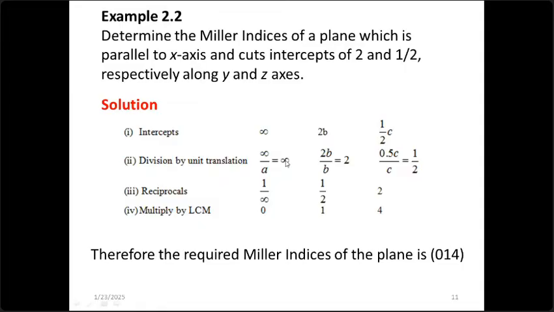So I take the reciprocal of infinity. The student who read this example, what is the reciprocal of infinity? 1 over infinity. The reciprocal of 2? 1 over 2. Reciprocal of half? 2.